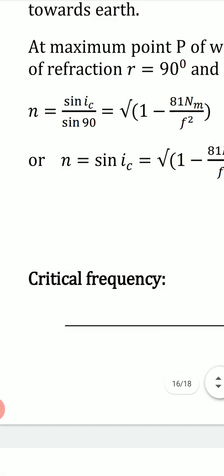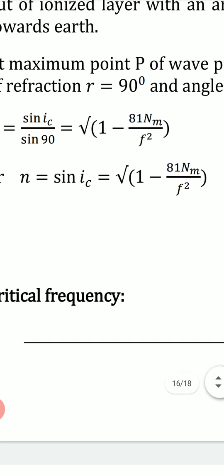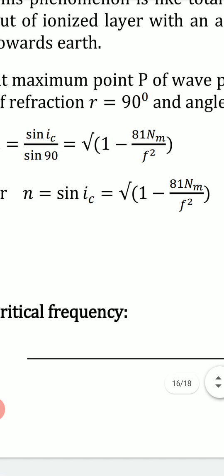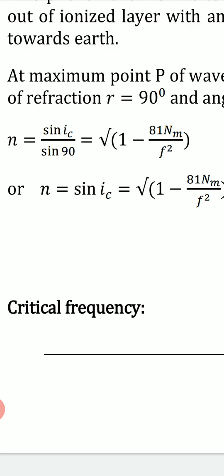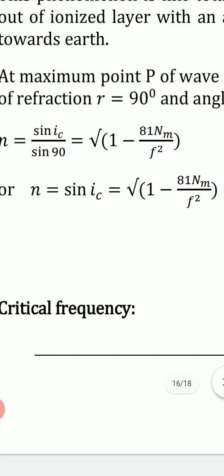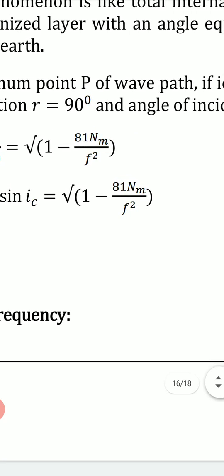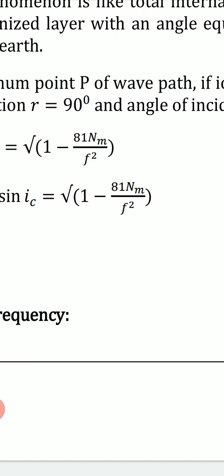Then we have n equal to sin IC upon sin 90, and it is equal to root 1 minus 81 Nm upon f square. Sin 90 is 1, so we have n equal to sin IC equal to root 1 minus 81 Nm upon f square.